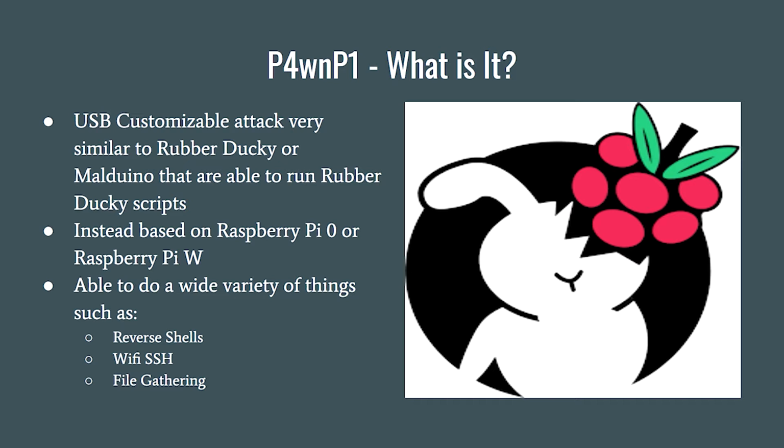In addition to that, you can do other things like a stealthy Bluetooth connection and HID backdoor. Another thing you can do is file gathering. An example of this is, once you connect your Raspberry Pi to the targeted computer, you're able to steal browser credentials that the user has saved in their browser by dumping what's in the browser into a file and copying it directly onto the Raspberry Pi.